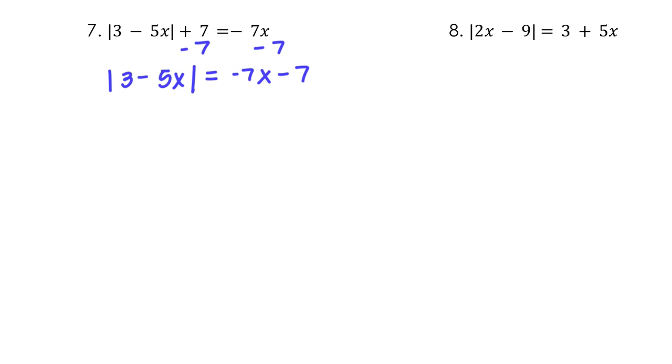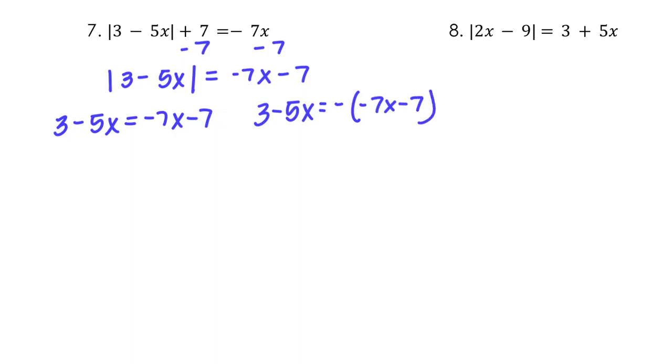Okay? Absolute value is now isolated, so we split into 2 cases. The first case, nothing changes. The second case goes negative. And so what this looks like algebraically is negative parentheses, negative 7x minus 7.